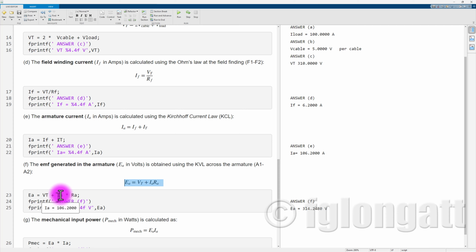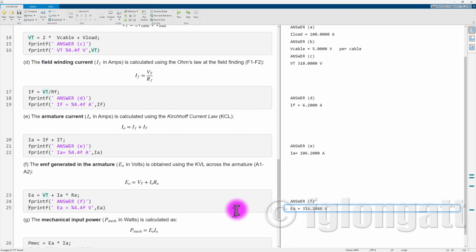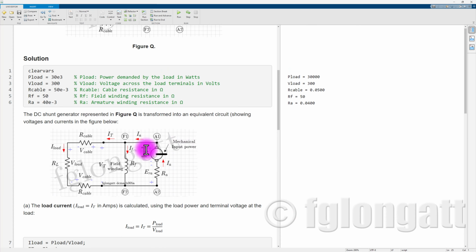So that will be 106.2 amps multiplying the armature resistance 40 milliohms and adding the terminal voltage 310. So as you can see, the armature voltage will be 314.2 volts.